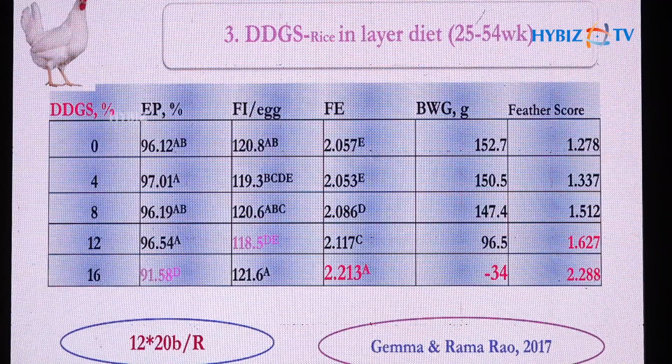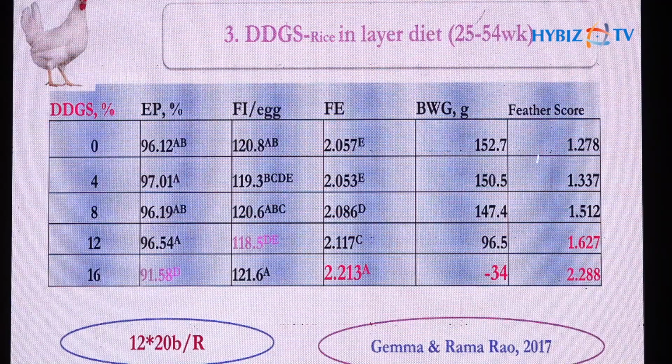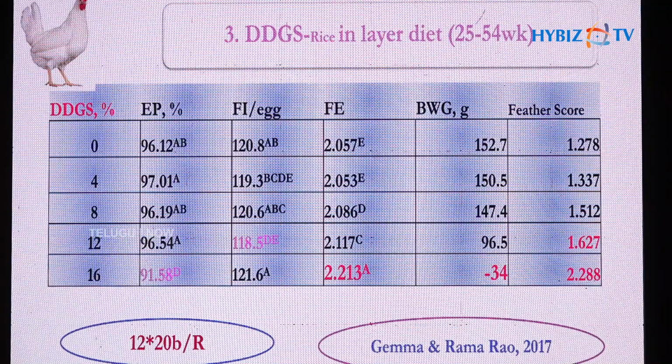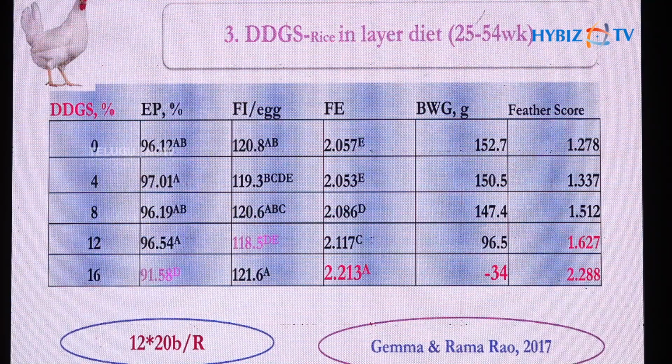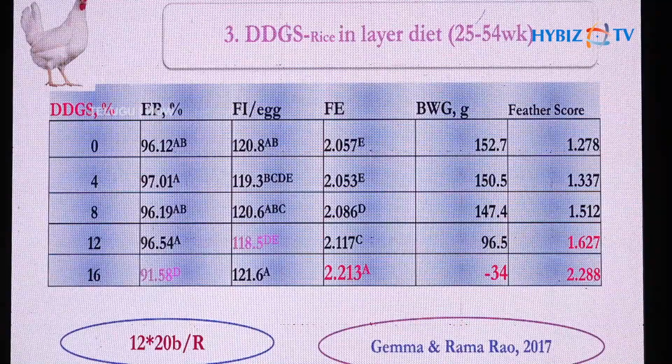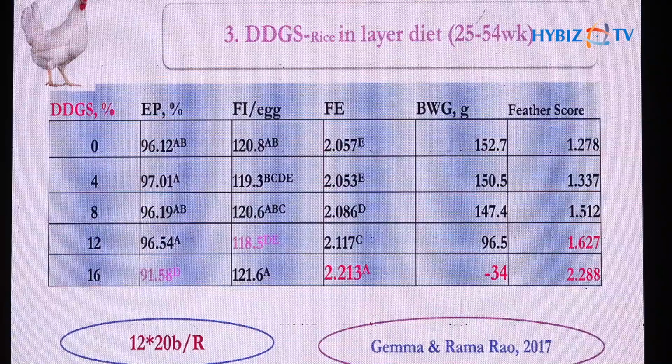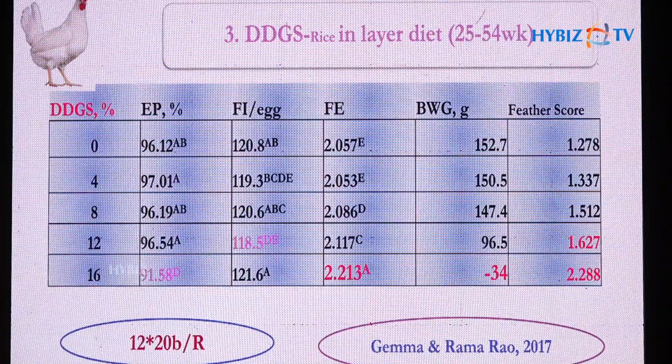That means body weight gain decreased. And also the feather score, that means more feather loss we observed, because almost more than 30% of feather loss was observed when we totally replaced the soybean with DDGS, particularly at 16% level. The primary reason was, as I was telling, we used only wheat as the source of energy.